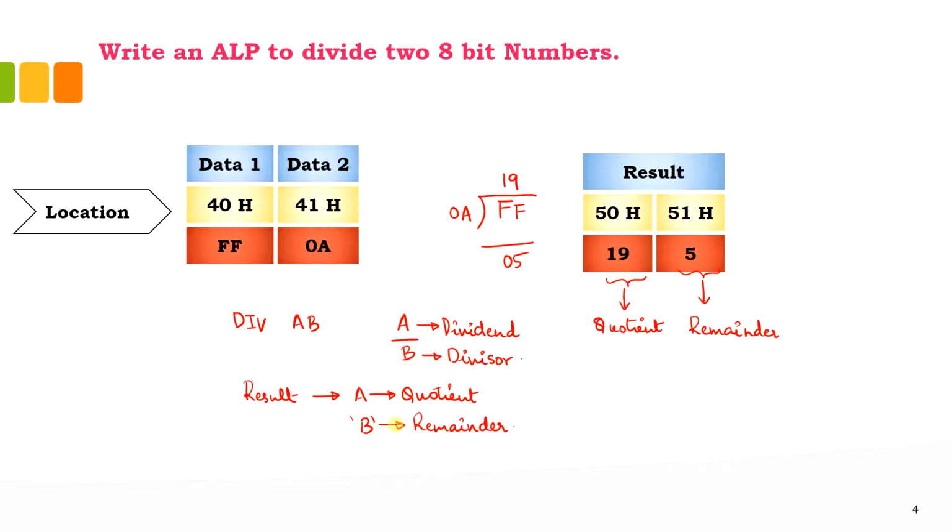To check what the remainder is, the remainder will be equal to the dividend minus the quotient into the divisor. When you do this, you will obtain the result.